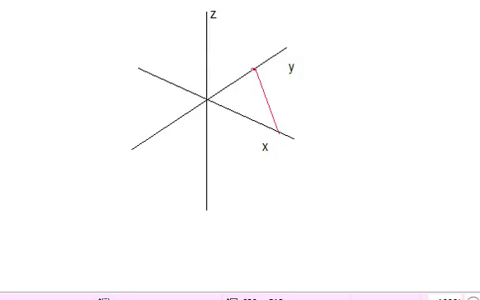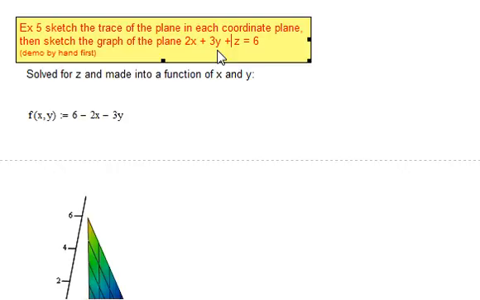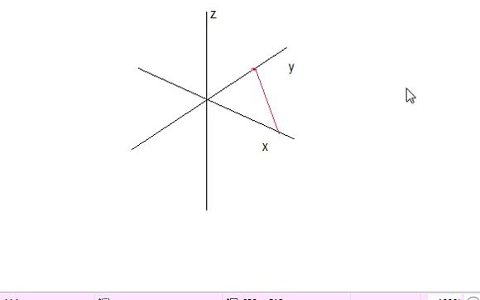Now, let me go back and say, all right, what does it look like in the yz plane? Well, that's where x was 0, and so z equals negative 3y plus 6. So there's an intersection at 6.